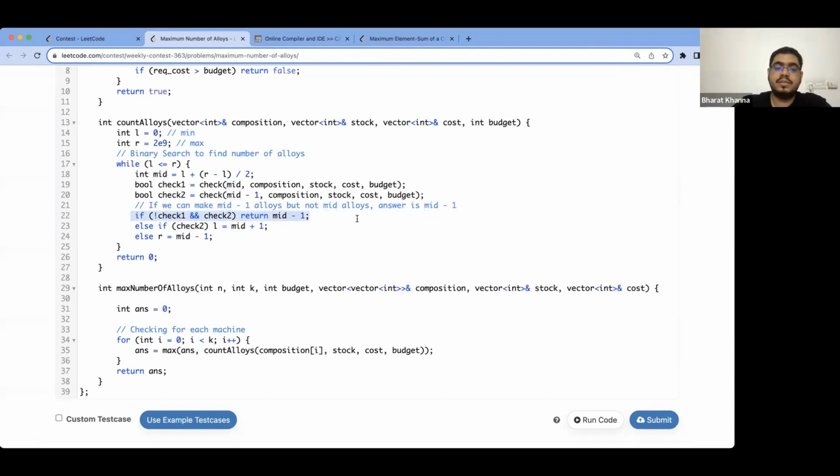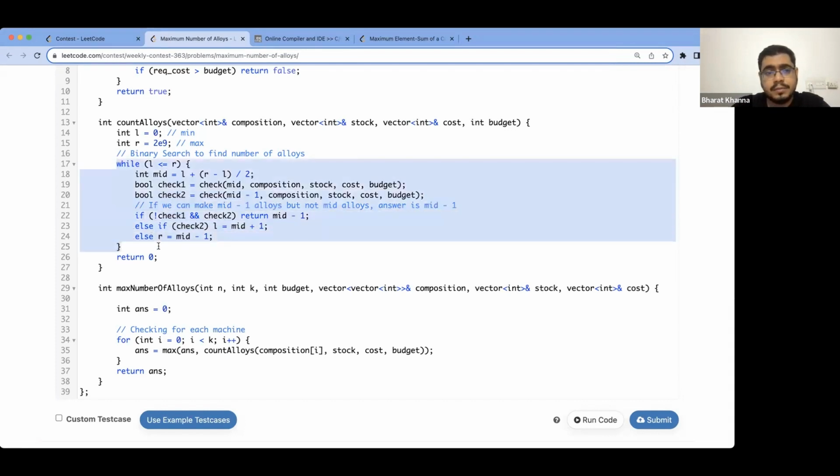Does this step make sense? If mid says false, mid minus 1 says true, so return mid minus 1. Otherwise, we have moved our binary search depending upon the case. Does this make sense?